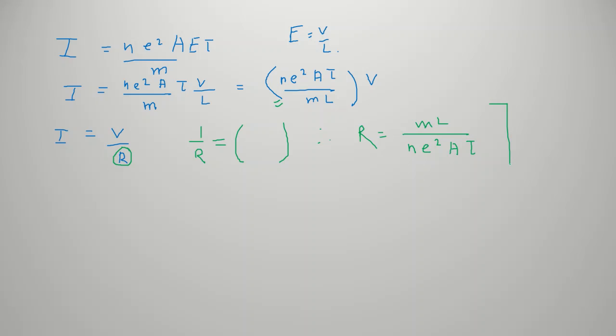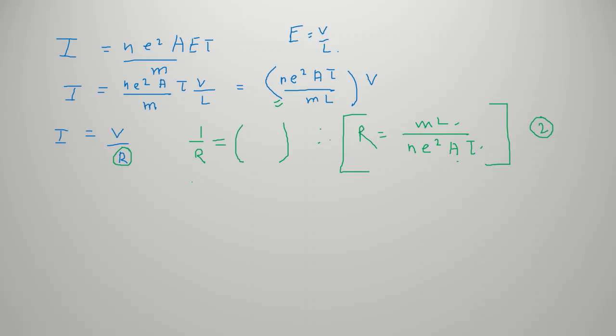And hence this is also an important formula to remember. We have obtained the formula of resistance that completely depends on the dimension, relaxation time, area, which also comes in dimension, mass of electron, and even the number density. So it completely depends on the nature of the conductor.